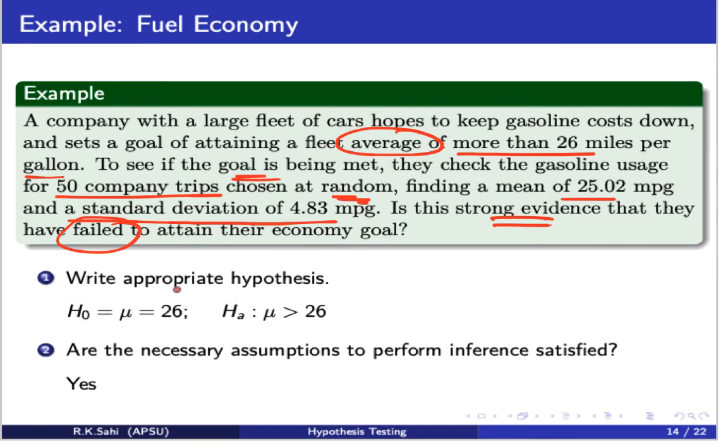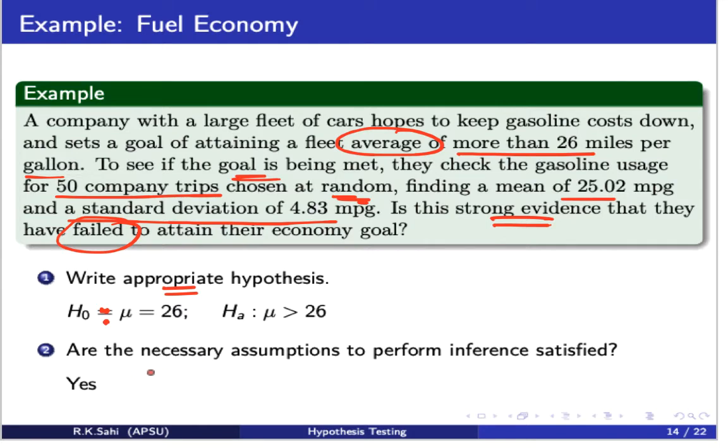So first of all, you're going to write down the appropriate hypotheses. The null hypothesis is mean equals 26, and the alternative hypothesis is that the mean is strictly greater than 26.